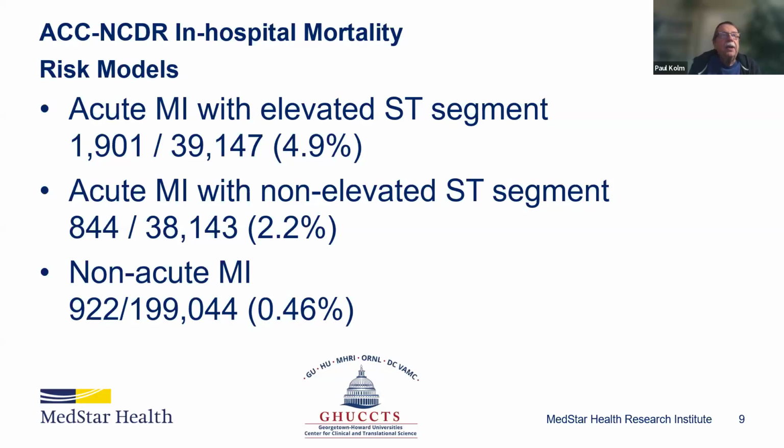And you can see that in this case, for in-hospital mortality, the rate is highest with the ST segment and actually fairly small with the non-acute MI. So we're going to do a tree for each patient group and see what the tree looks like for each group.